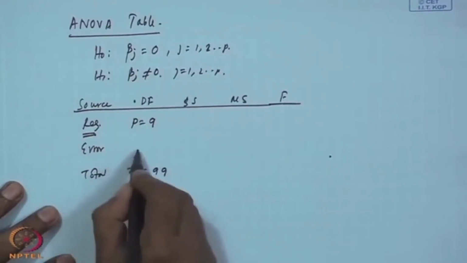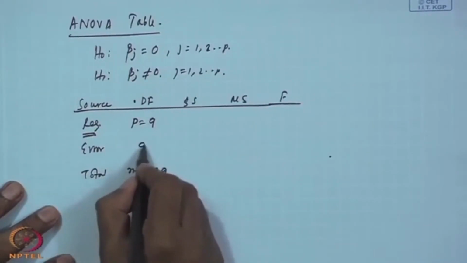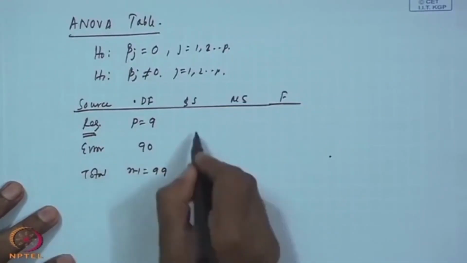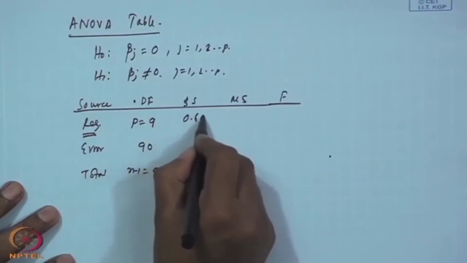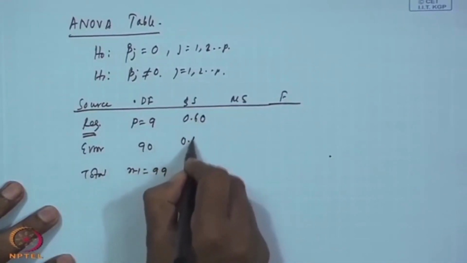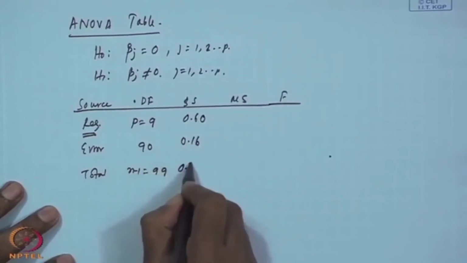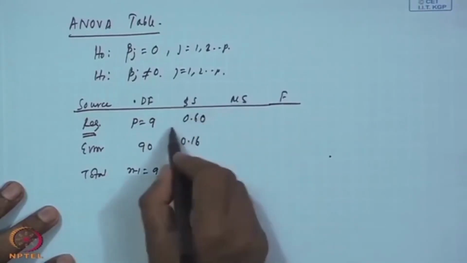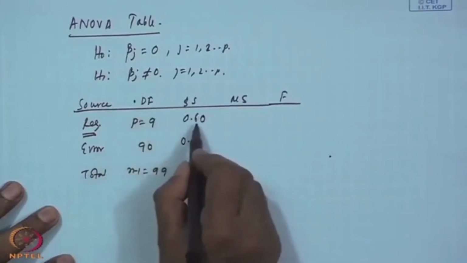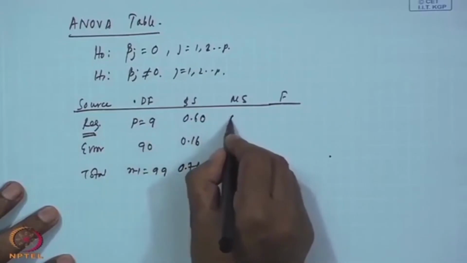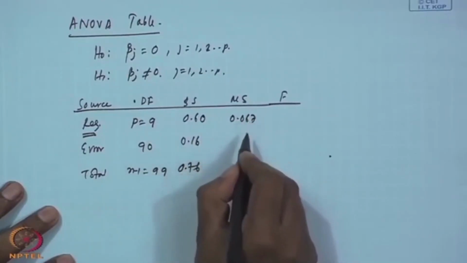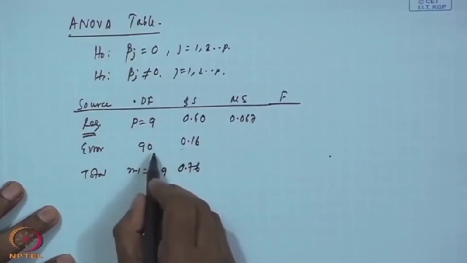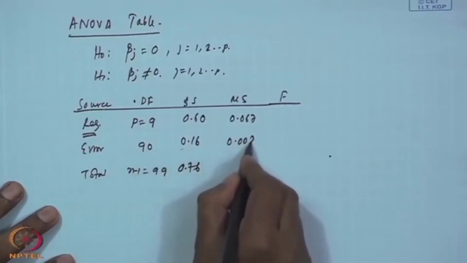So error will be the difference between the two, that is 90. Our SS regression is 0.60, error 0.16 and total 0.76. Then MS is SS by degrees of freedom: 0.60 by 9 will be 0.067, then 0.16 by 90 will be 0.002.